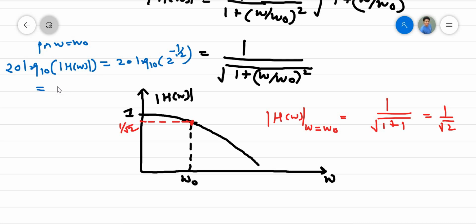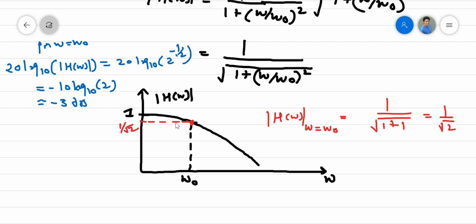This equals minus 10 times log 10 of 2. And log 10 of 2 is 0.301, so it will be nearly equal to minus 3 dB.